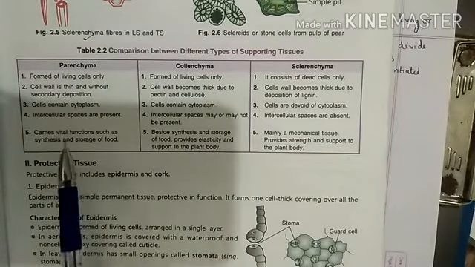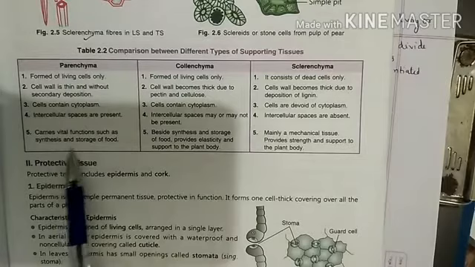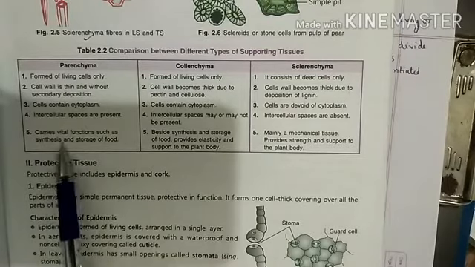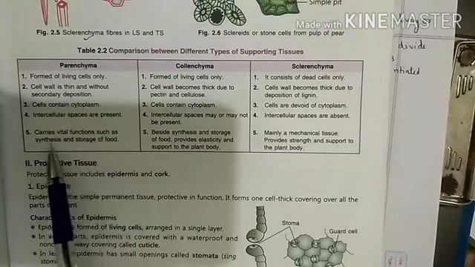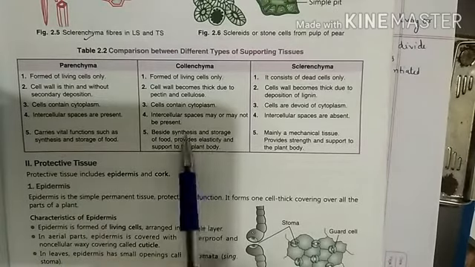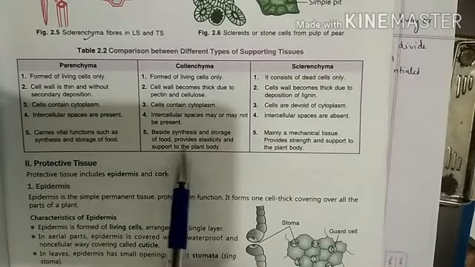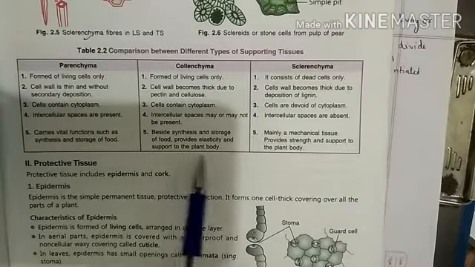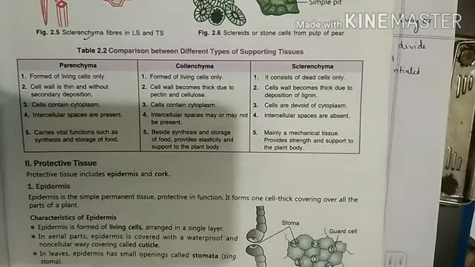The role of parenchyma is very important. All the secretory or storage function in the plant is done by parenchyma. Collenchyma provides elasticity and support to the plant body, and sclerenchyma provides support and strength to the plant body.